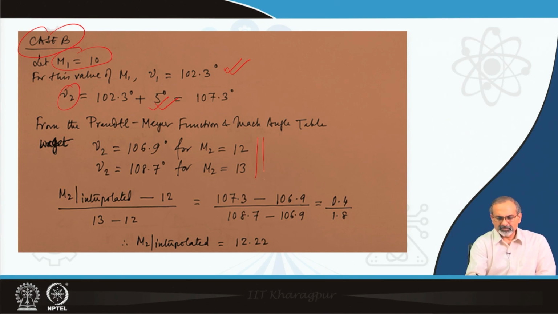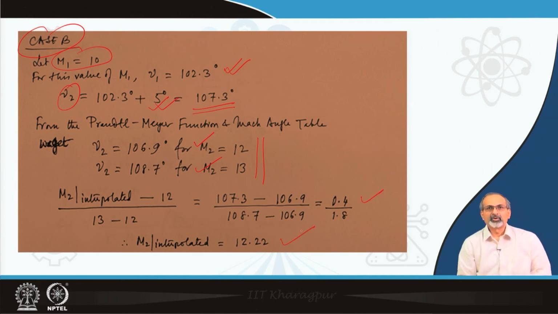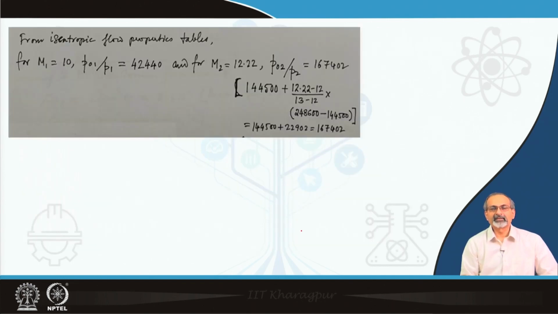Read up the Prandtl-Meyer function tables to obtain values for Mach number 12 and 13, which lie below and above this angle. Carry out a linear interpolation to arrive at the interpolated value of Mach number downstream of the expansion fan, which happens to be 12.22. So, the flow has accelerated across the expansion fan.